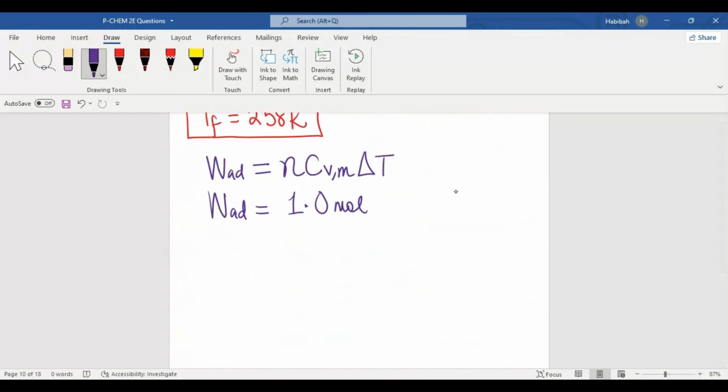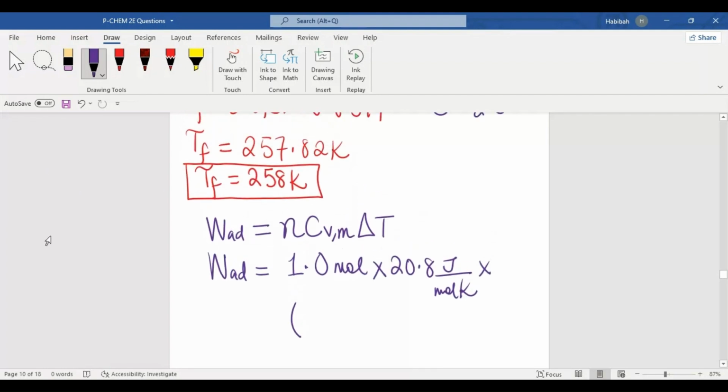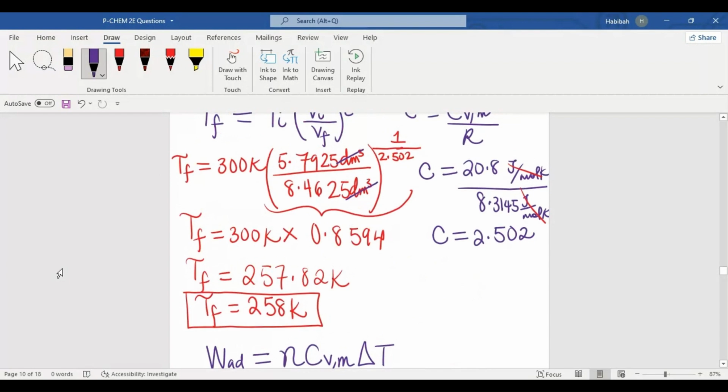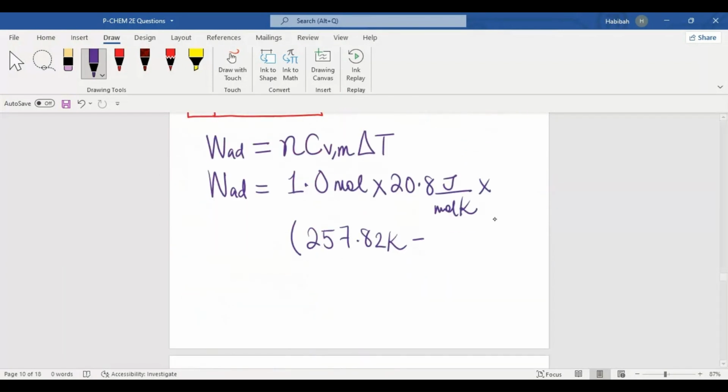We're going to be using that because, of course, we're going to be dividing it by that 1.0 mole. So that would be times 20.8 joule per mole Kelvin times the change in temperature. So T final minus T initial. So that would be 257.82 kelvins minus the initial temperature, which is 300 kelvins.